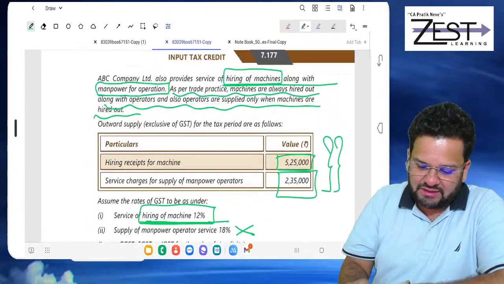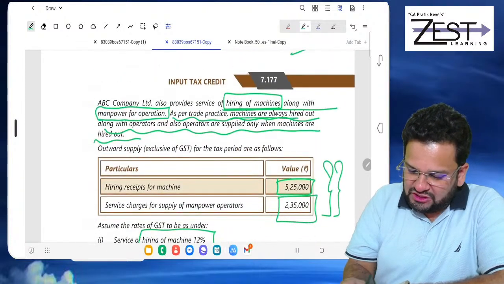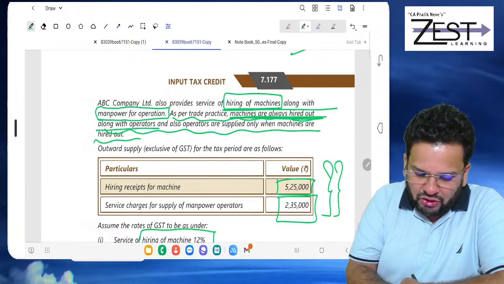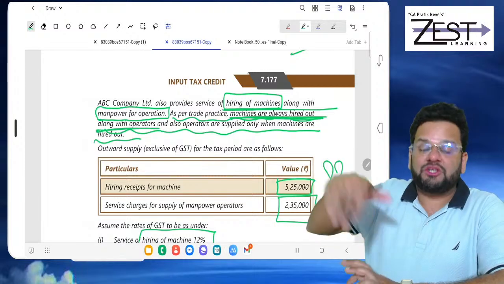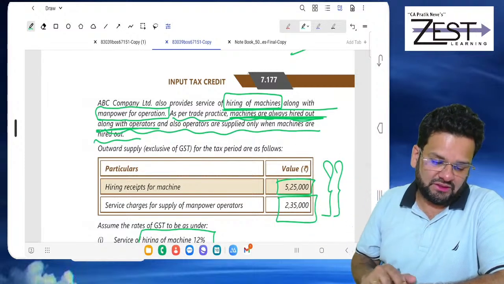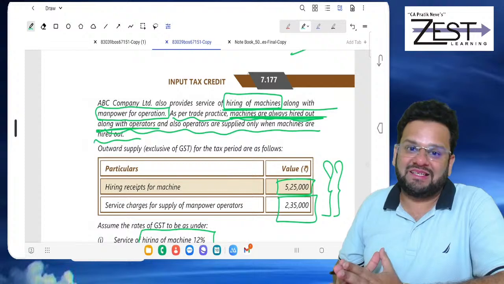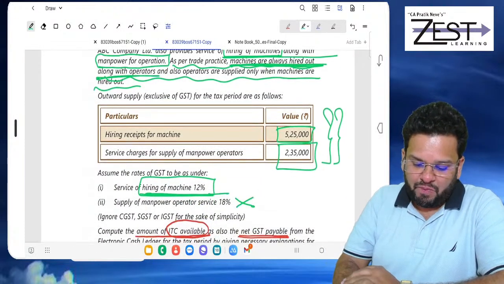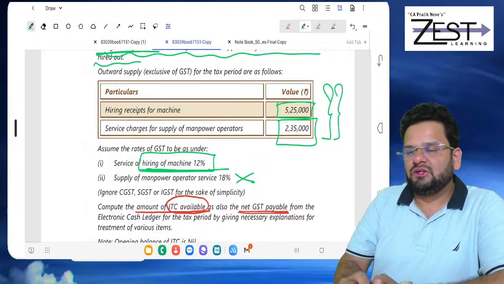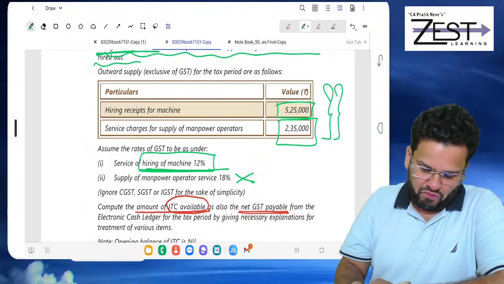So this sentence clarifies that machines are always hired out along with operators, and also operators are supplied only when machines are hired out. So those two supplies are inseparable. So in that the main supply is supply of hiring of machine. So it's a composite supply.